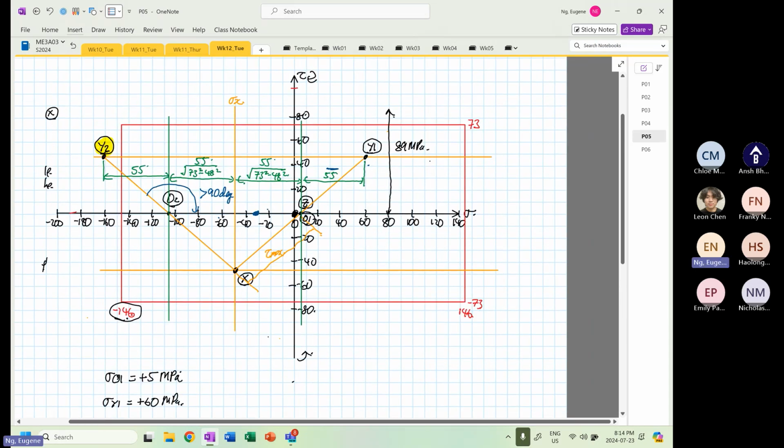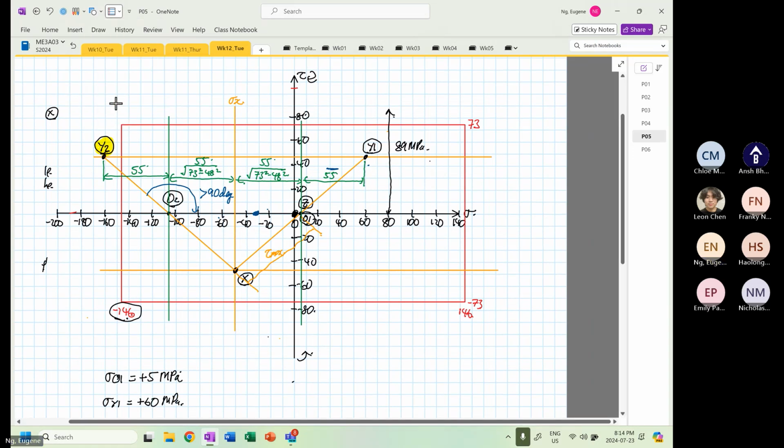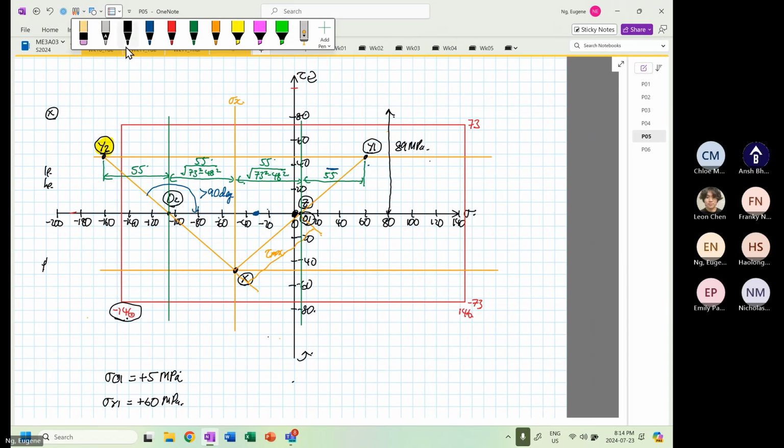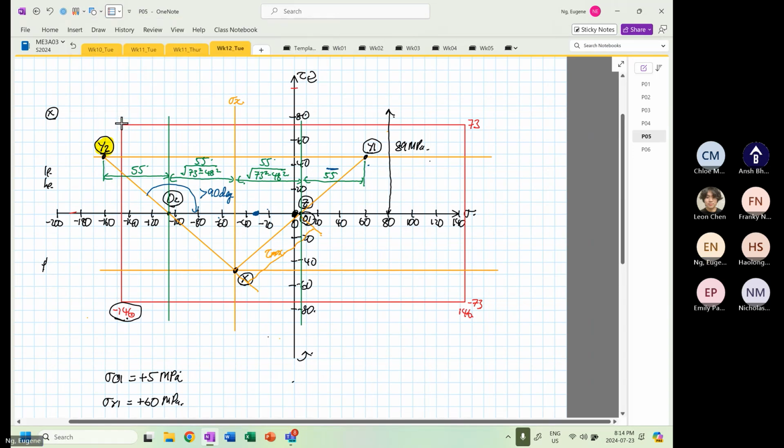So now if we were to sketch the Mohr circle, bear with me, I need to shift the circle.